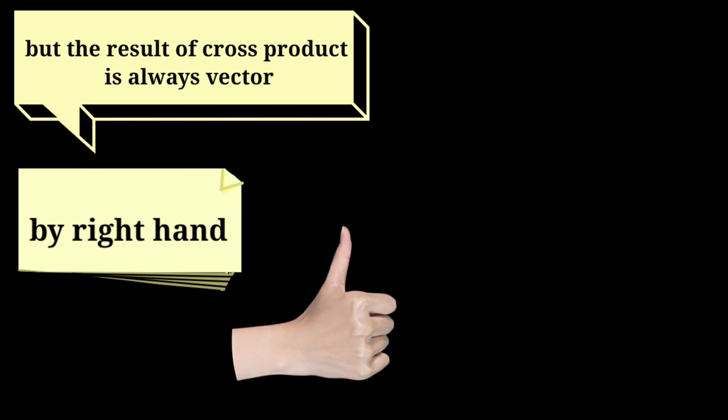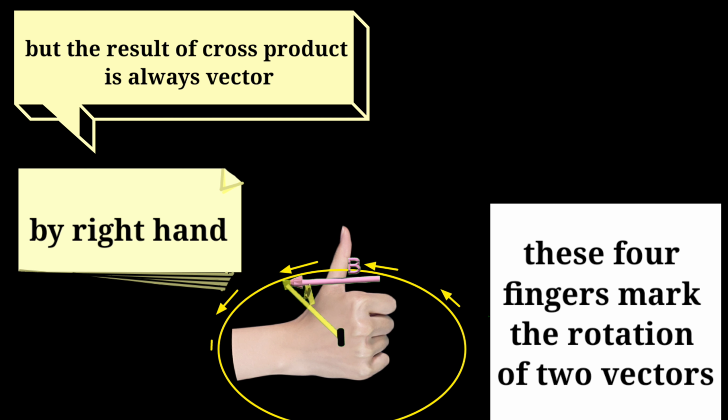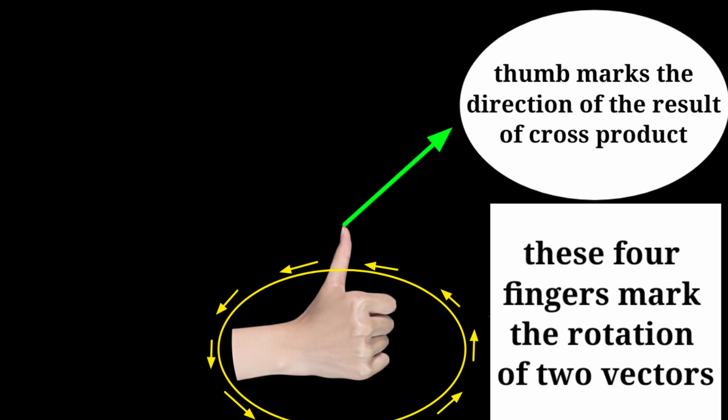By right hand, these 4 fingers mark the rotation of 2 vectors. Thumb marks the direction of the result of the cross product.